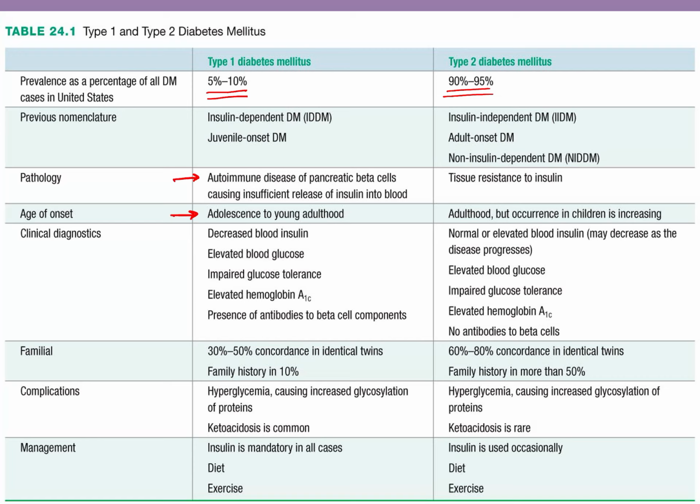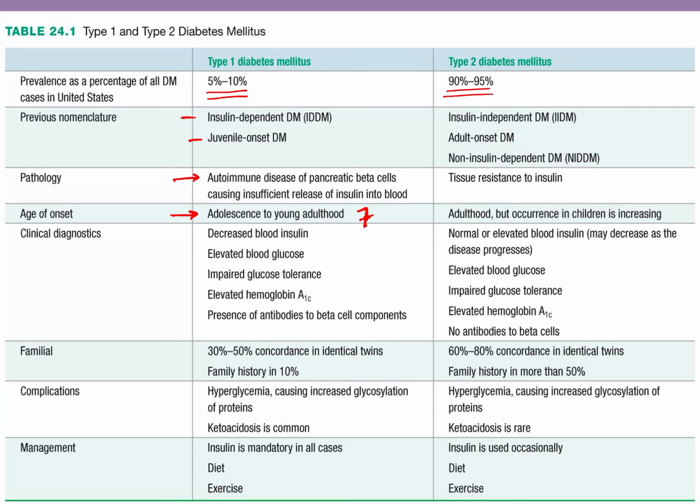The average age of onset is about 7 years old, and into early adulthood. They call this juvenile onset diabetes mellitus, or insulin dependent diabetes mellitus, because it depends on your ability to make insulin or not. And of course, if you're destroying your beta cells, you're not making insulin.